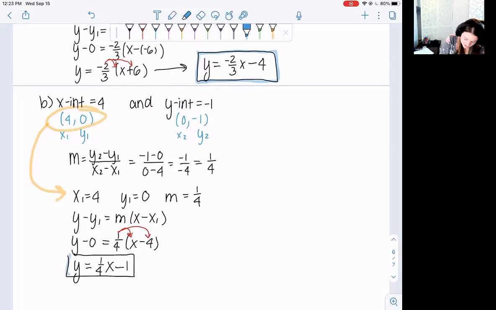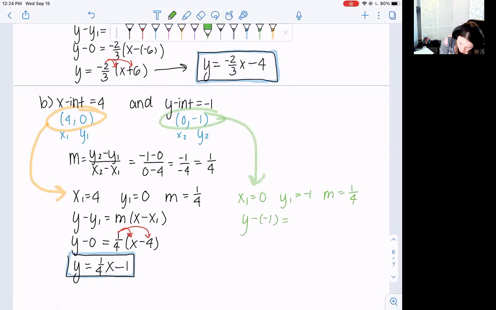You would get the same answer if you used the other point. So if you used this point here and you did x1 is 0, y1 is -1, and m is 1/4, you would have y minus -1 is equal to 1/4 times x minus 0.